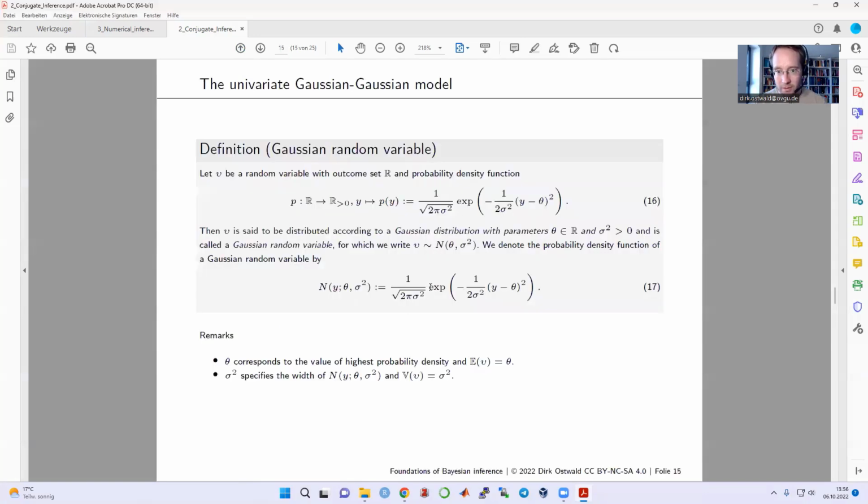Now, this exponential term, exponential of minus 1 over 2 sigma square times (y minus theta) squared, does not integrate to 1 as an improper integral from minus infinity to infinity. However, it integrates to something that is known, namely the square root of 2 pi sigma square.